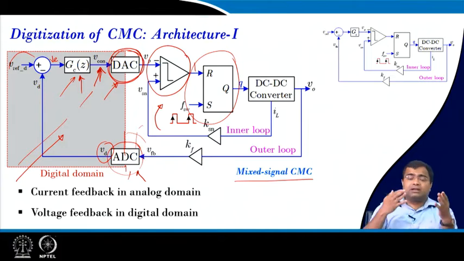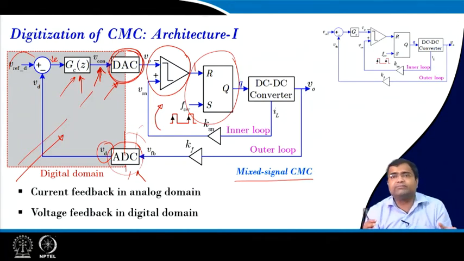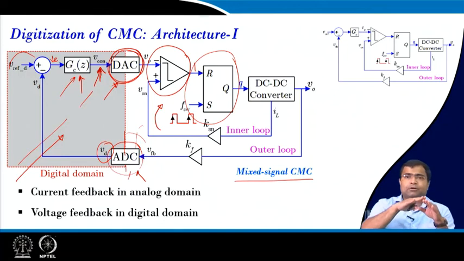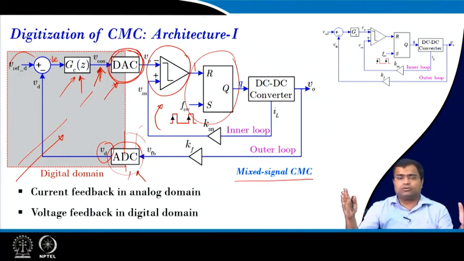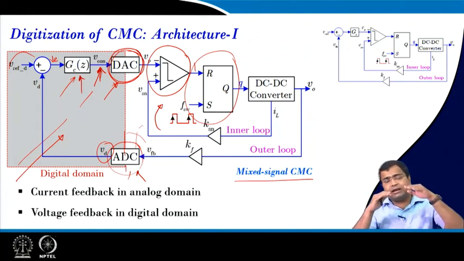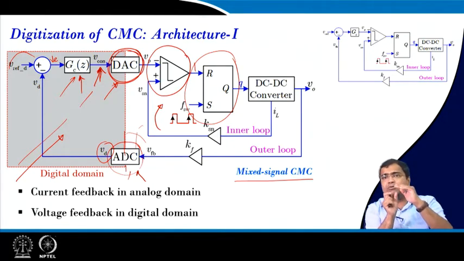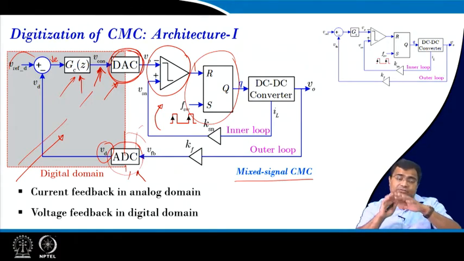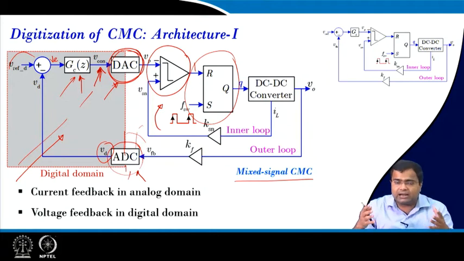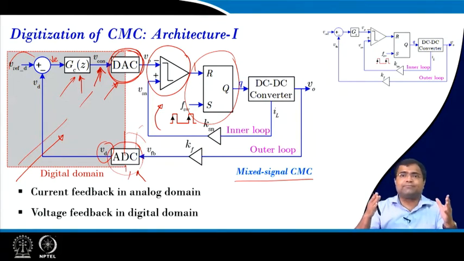Or if you go for, let us say if you are talking about PFM control under light load, because we have discussed and we will be discussing in this course, and even we want to implement, if you are going for peak current mode pulse frequency control, which will actually increase the light load efficiency. There we need a constant current difference, and then on time will be automatically adjusted, that it will behave like a constant on time control, and this will also ensure that voltage ripple will not go beyond that, because we have discussed in lecture number 24 in our earlier course the different light load control method.